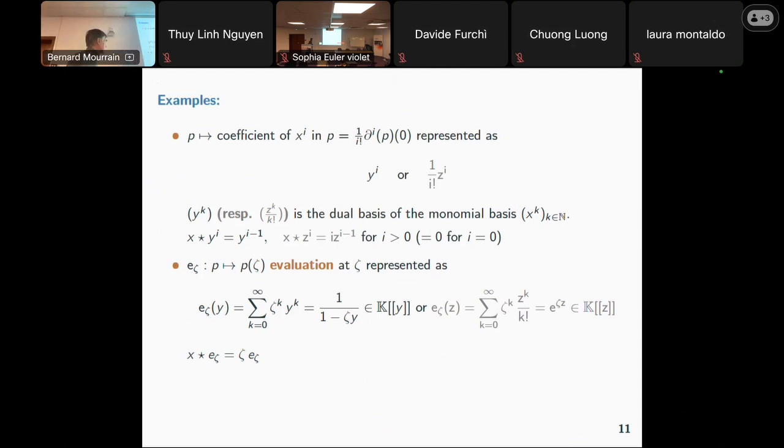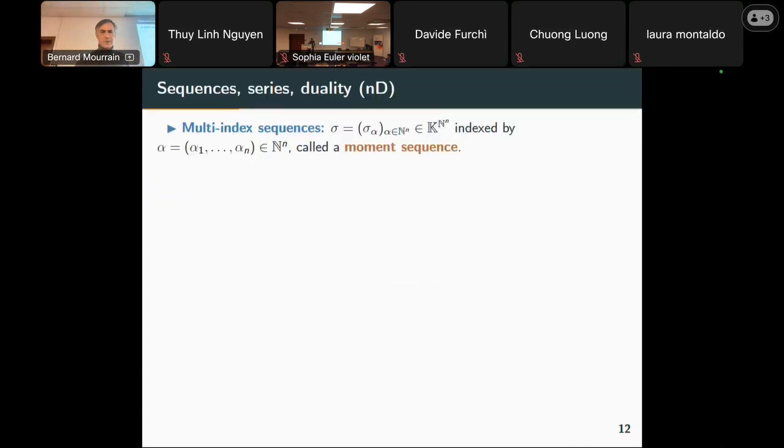And see that here, this exponential, or this evaluation, is an eigenvector of the multiplication operator. If we look at the multiplication by x operator, this is an eigenfunction. Okay, we will use that later.